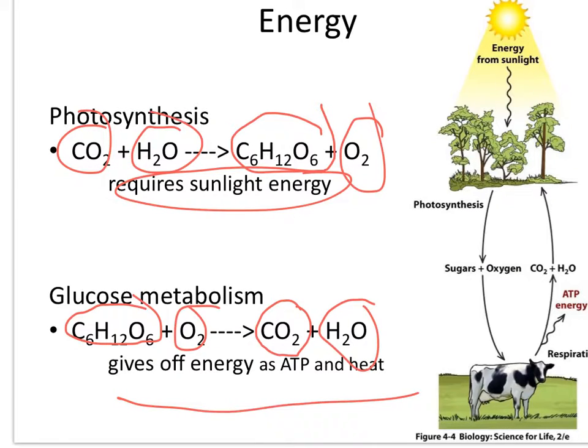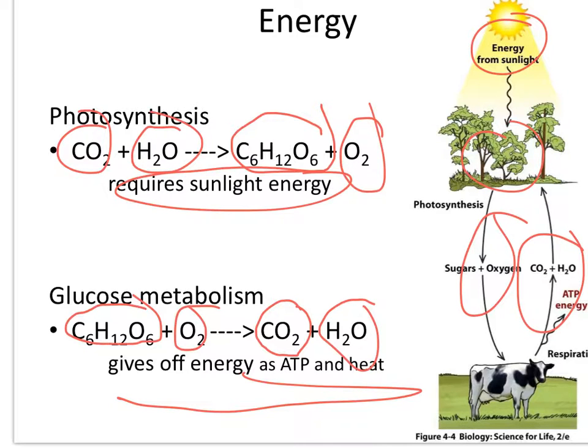And then we have a whole bunch of ATP, which is the energy currency, and heat. Heat is basically wasted energy. So: sunlight, photosynthesis, sugars and oxygen, carbon dioxide and water, and a lot of energy.